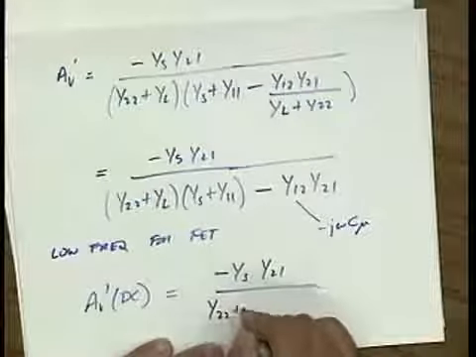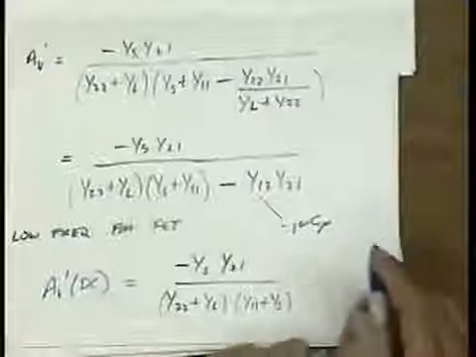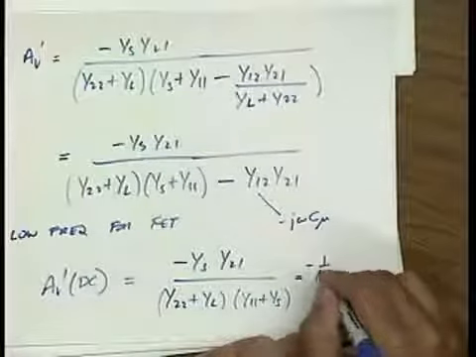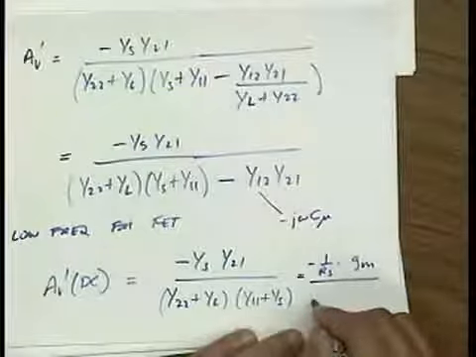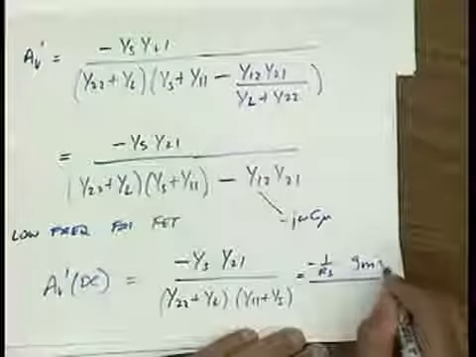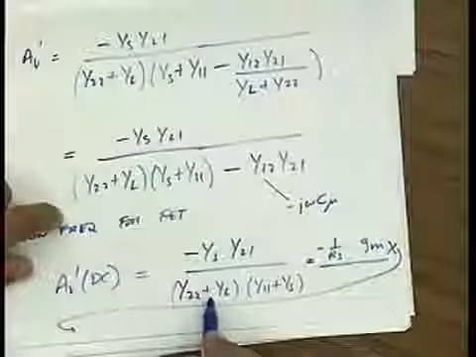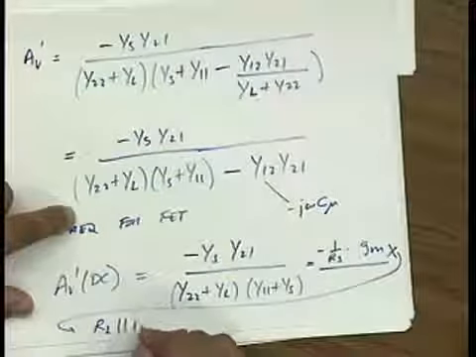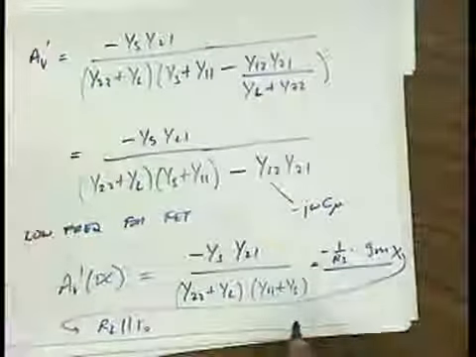So we just have Y22 plus YL, Y11 plus Ys, and if I substitute, this is basically 1 over Rs, this is Gm, times 1 over Y22 plus YL, just like before, is RL in parallel with Ro, and this, let me rewrite this in a slightly different way.